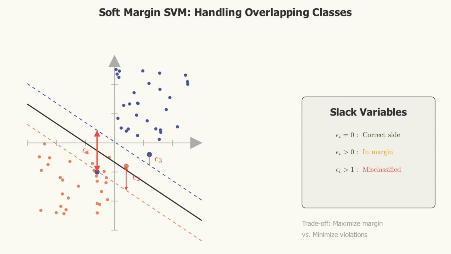If epsilon is 0, the point lies safely on the correct side of the margin. These are our well-behaved observations. If epsilon is between 0 and 1, the point has crossed the margin, but is still on the correct side of the decision boundary. You can see these points highlighted now, sitting inside the buffer zone.